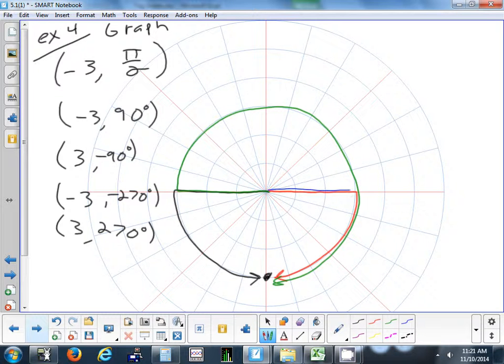So positive 3, positive 270. Yep. So there's 4 different, distinct ways to get to each point. You have a choice of going left or right. There's 2 choices. And then you have a choice of clockwise or counterclockwise. That's 2 more choices. 4 different basic ways you can go.